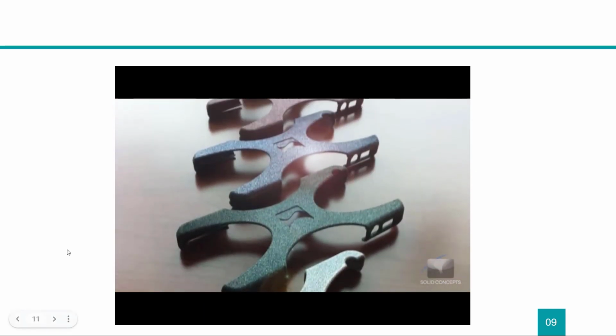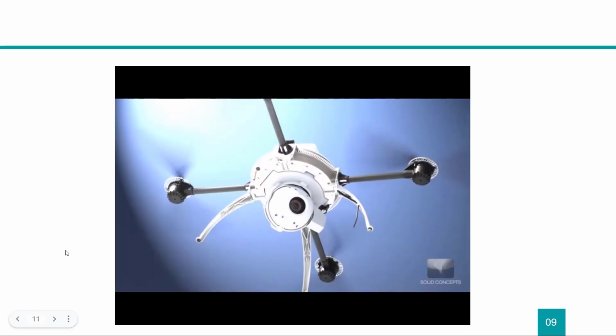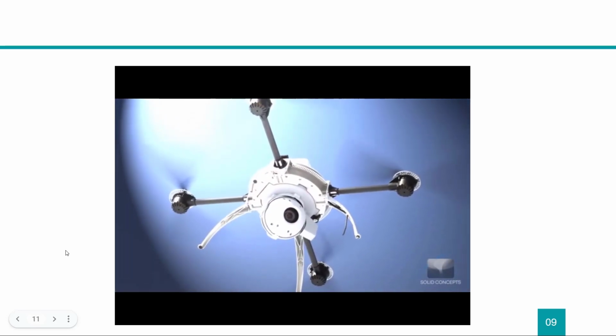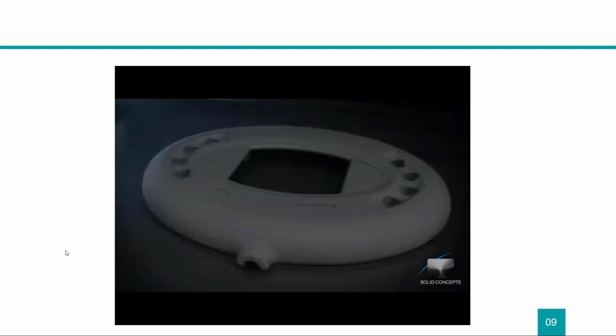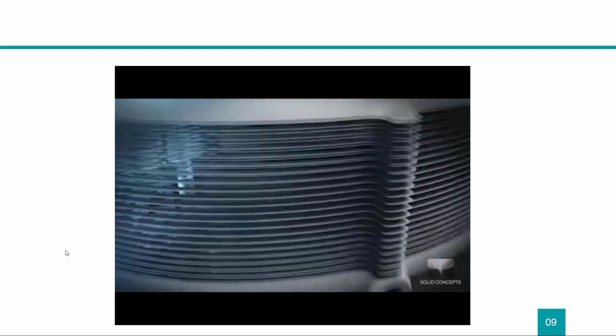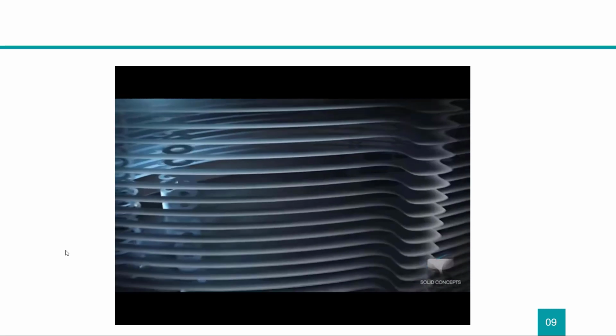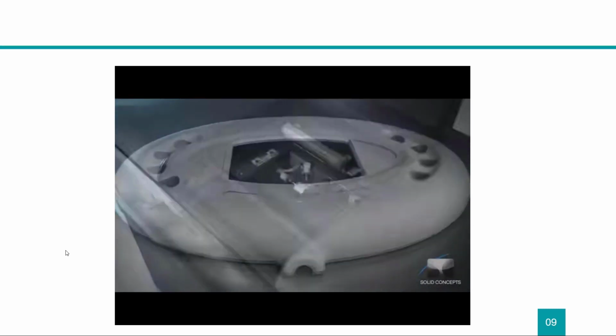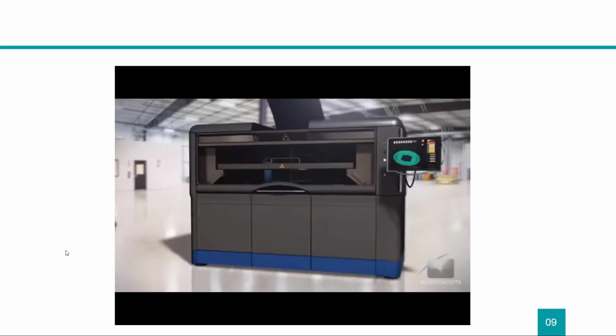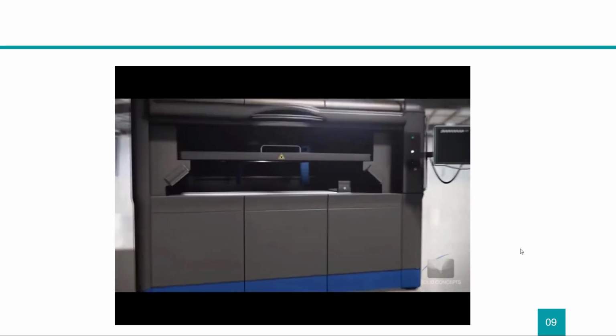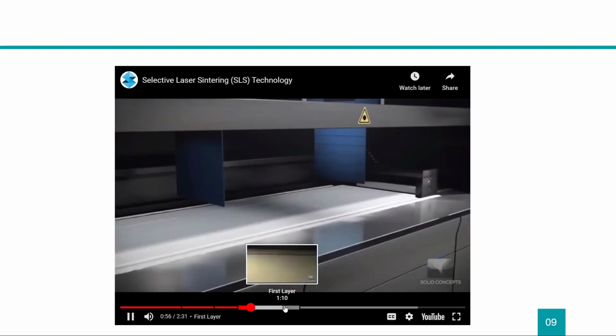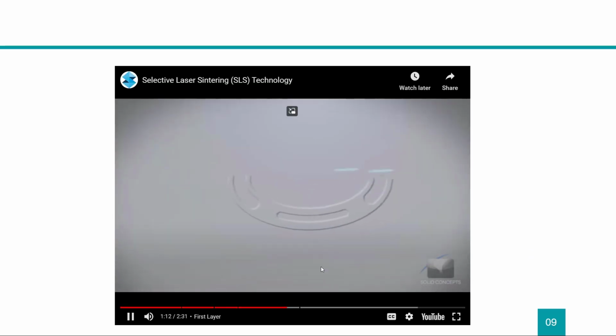You can see the parts that are produced here. The objects that are produced are usually lightweight. This video is made available, so you can watch how it's being done.